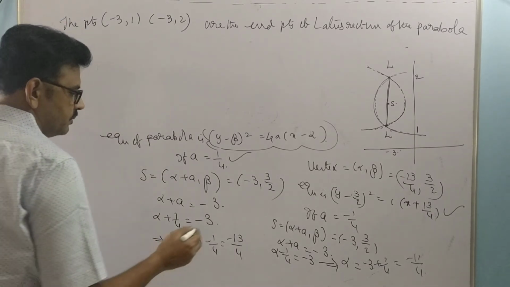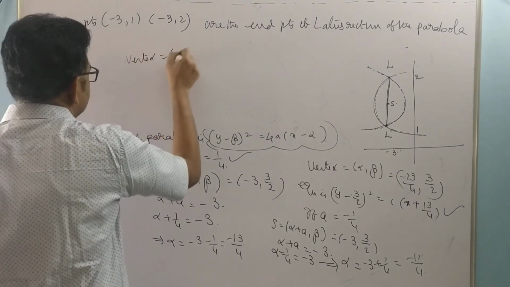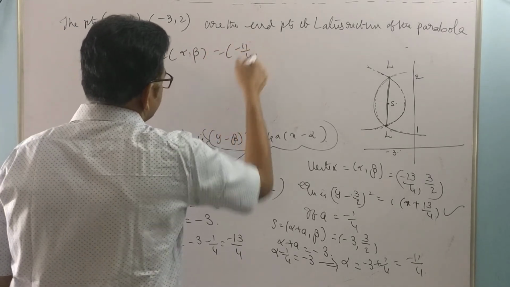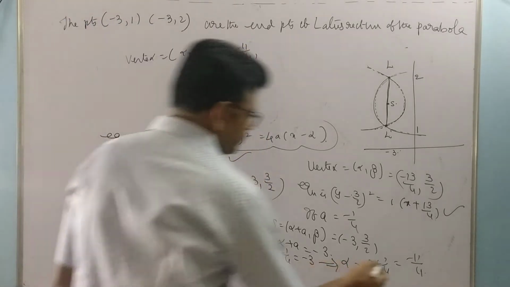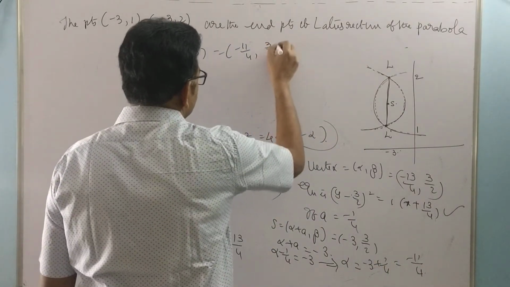So the vertex is (alpha, beta), that is (minus 11 by 4, 3 by 2).